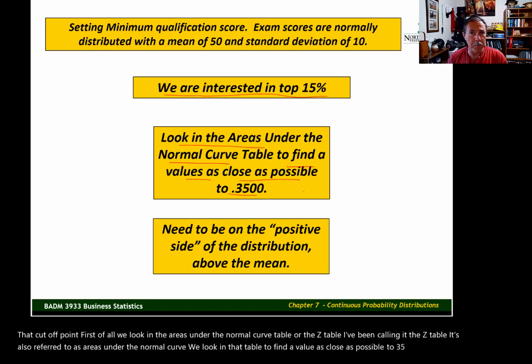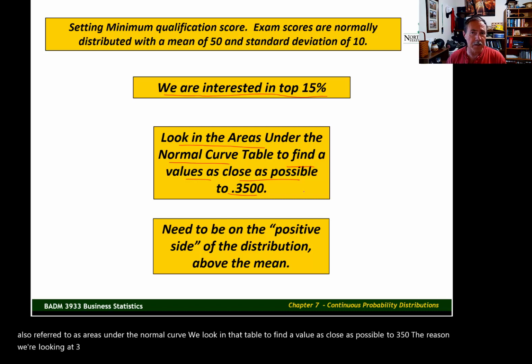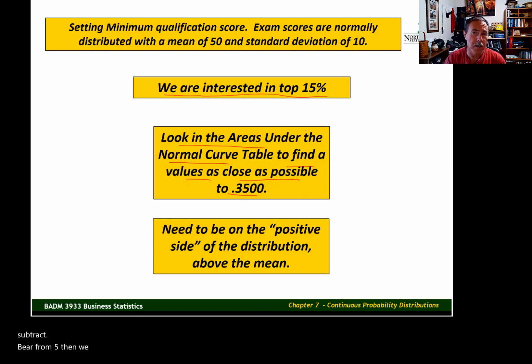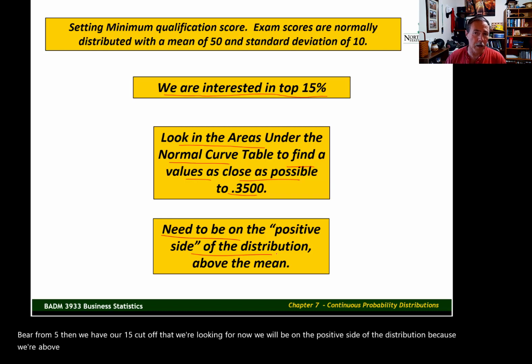The reason is that the normal curve is split into halves: one side is 0.5, the other side is 0.5. We find 0.35, subtract that from 0.5, and we have our 15% cutoff. We will be on the positive side of the distribution because the cutoff is above the mean.